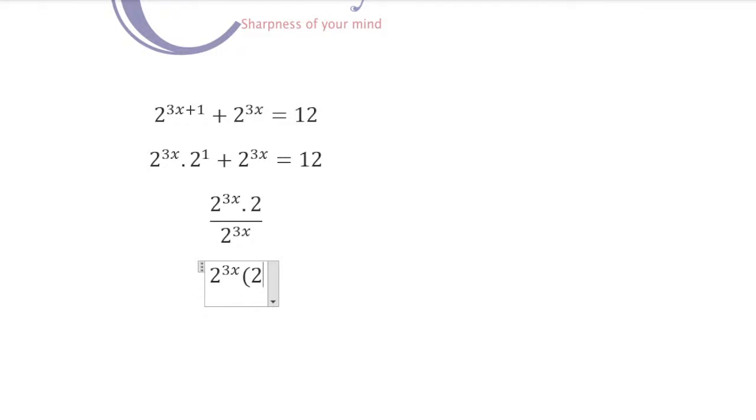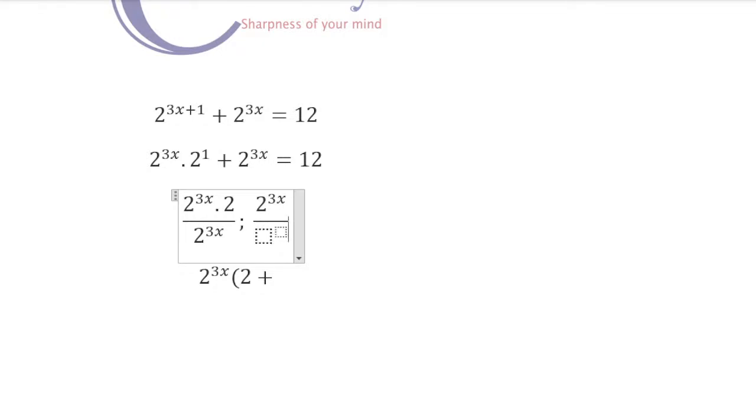Then plus 2 to the power 3x divided by 2 to the power 3x. So we'll be left with 1. Any number divided by the same number is equal to 1.